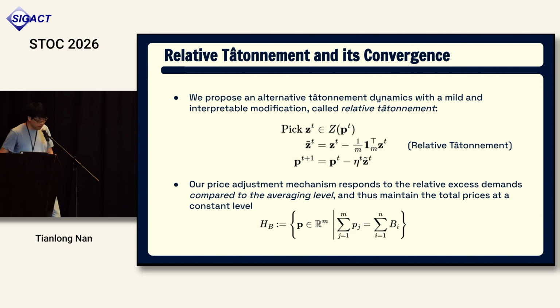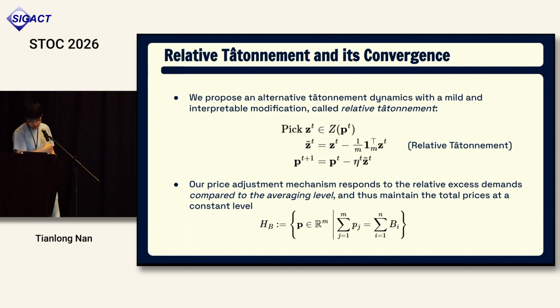So what we do in this paper is we propose an alternative tâtonnement dynamic with a very mild and interpretable modification, and we call it the relative tâtonnement. So what we do here is as follows. If you still remember, the naive tâtonnement is just the first line and the third line, right?